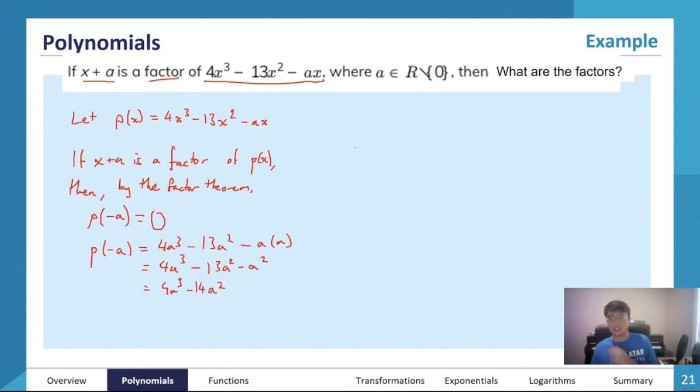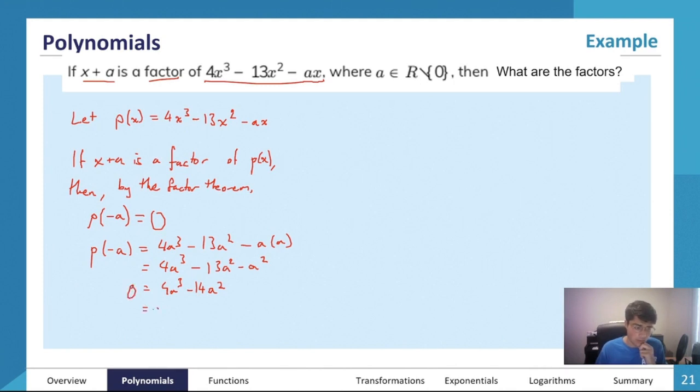Yeah, no, I've just realized the question should be asking to find the values of a for which x plus a is a factor. Okay, so in which case, we're finding a set of values for a. We know this is equal to 0.